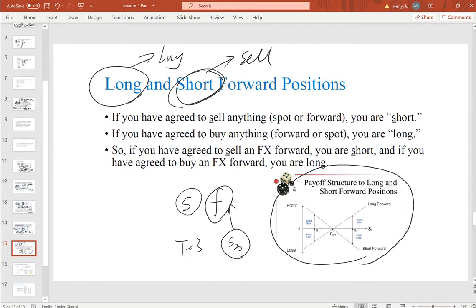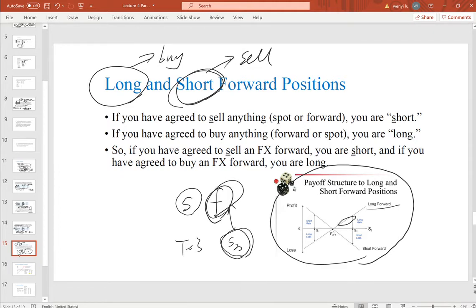It's very possible. If you hold a long forward, suppose the spot price at time 3 is higher than the forward price, you are lucky. You can buy something with a cheaper price. It's already defined in the forward contract, so you have a profit.